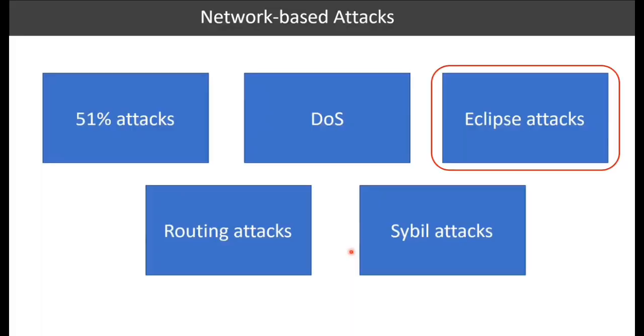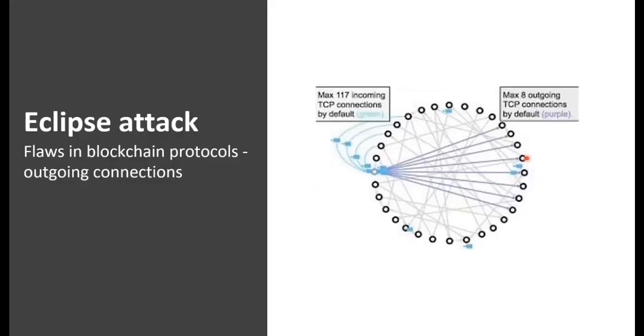In this video on blockchain cybersecurity, we are discussing network level vulnerabilities and attacks. We are going to discuss what are called eclipse attacks. So in eclipse attacks, we can see here that flaws in certain blockchain protocols can disrupt outgoing connections.